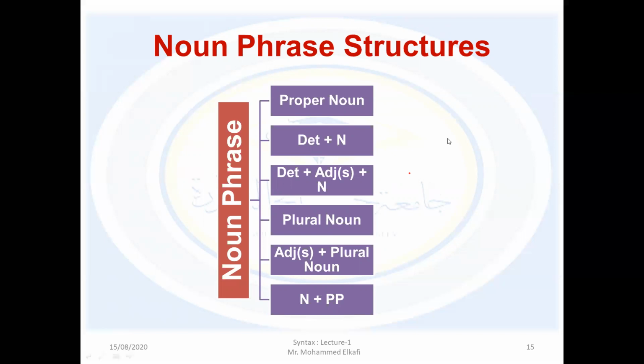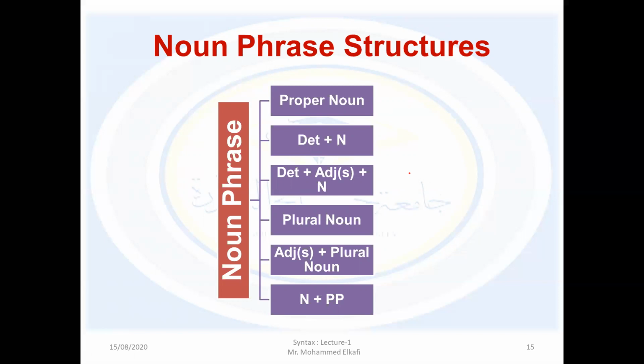The third structure of noun phrase includes determiner plus adjective or adjectives, one or more, plus noun. For example, in case of one adjective, the brown fox.